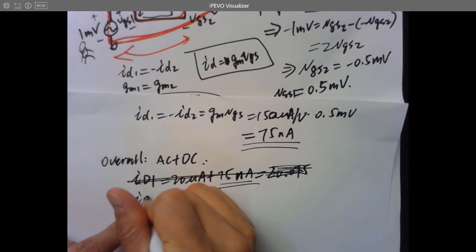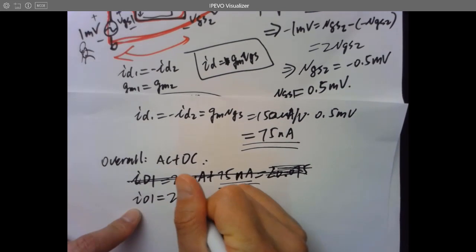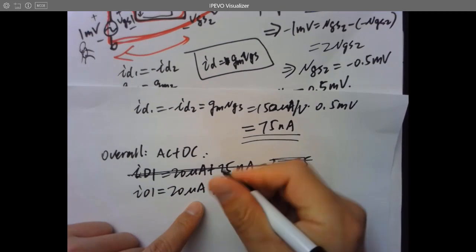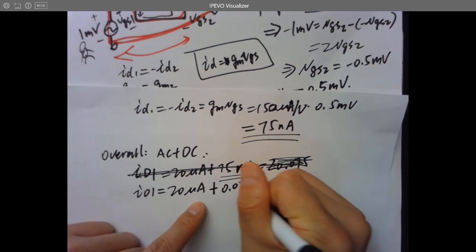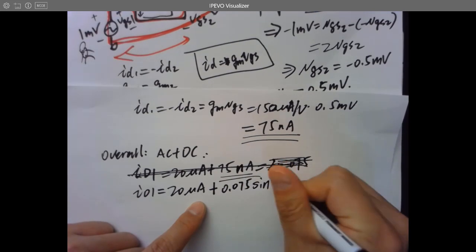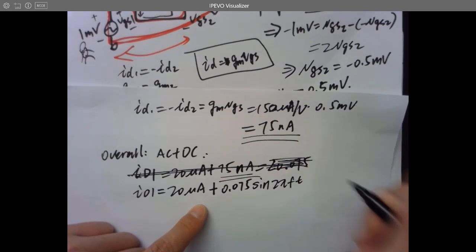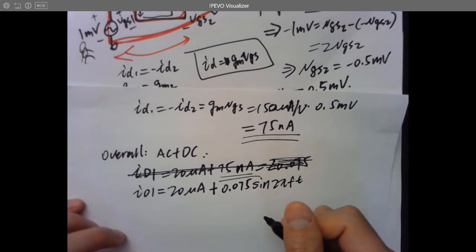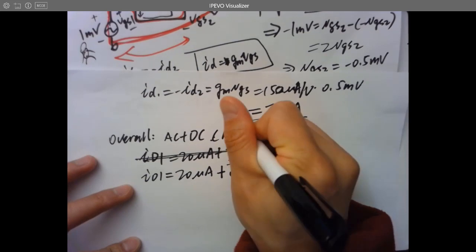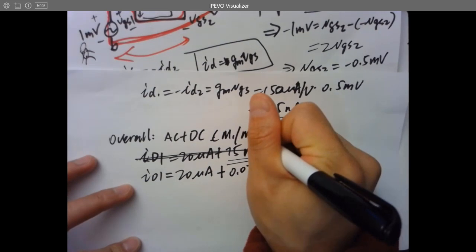So actually, you couldn't do this. It should be ID1 equals to 20 microamps, which is the DC current, plus 0.075 sine 2 pi ft. So that's a sine wave. This is for M1 and M3.